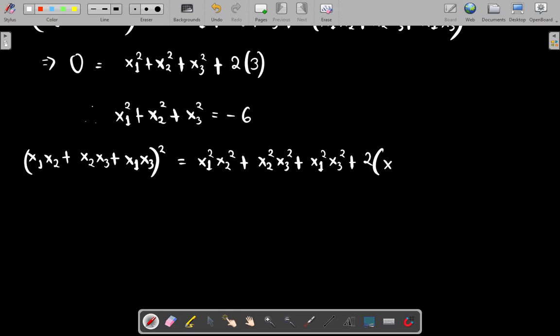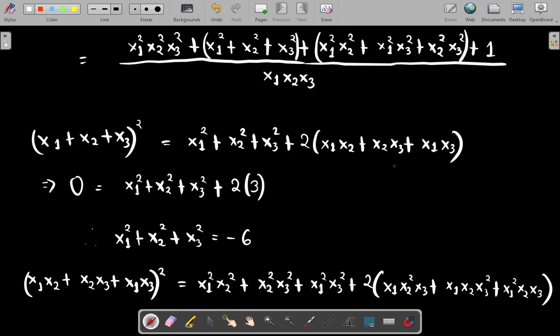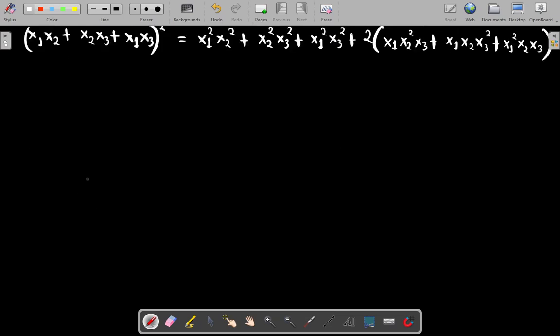So this becomes x1 x2 square x3, x1 x2 x3 square, and x1 square x2 x3. Now the left side, x1 x2 plus x2 x3 plus x1 x3, is equal to 3, so this becomes 3 square.